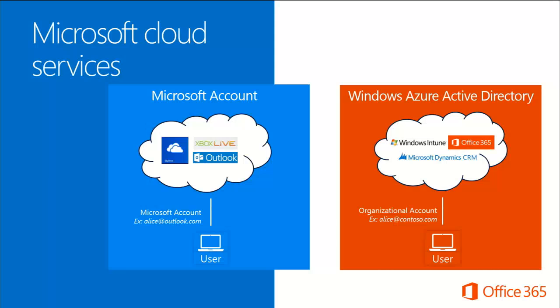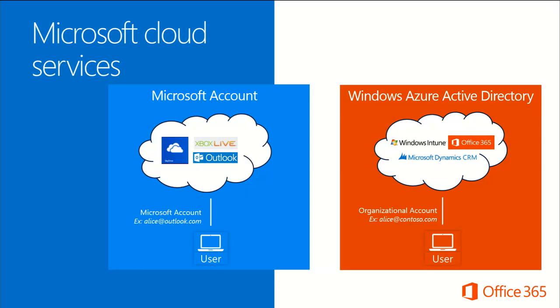So the second one, as an introduction, is we have 2 identity platforms at Microsoft that we use. We have one that's called the Microsoft account. And the Microsoft account recently was called the Live ID. It changed its name to the Microsoft account. And even before it was known as the Live ID, it was known as a Hotmail user? A passport, yes.